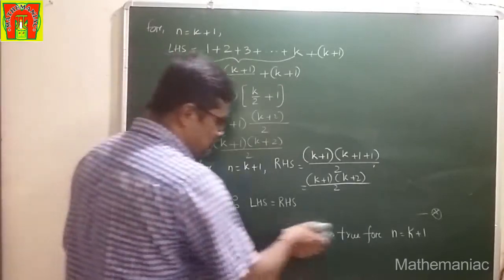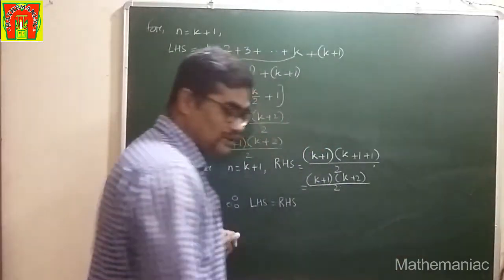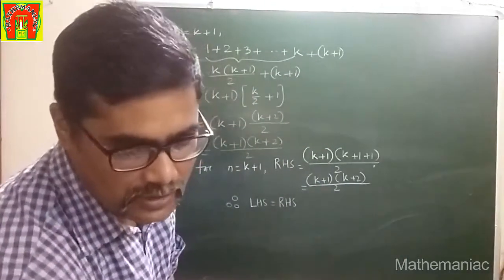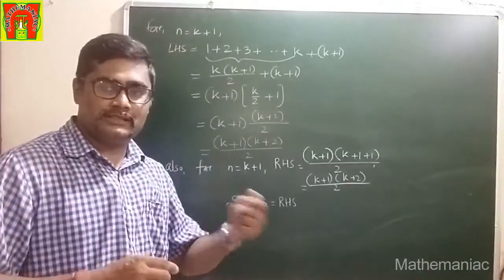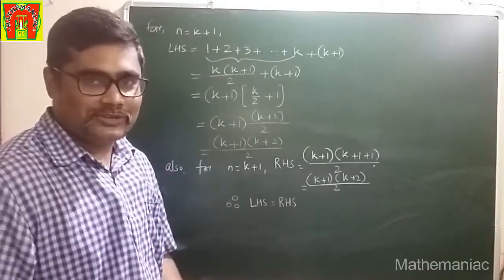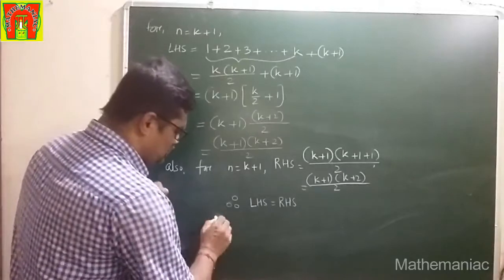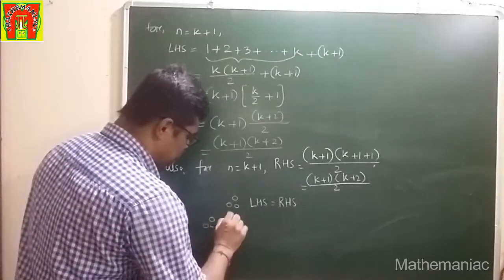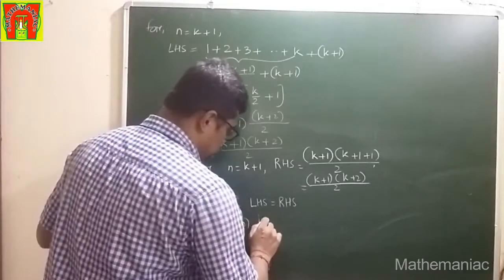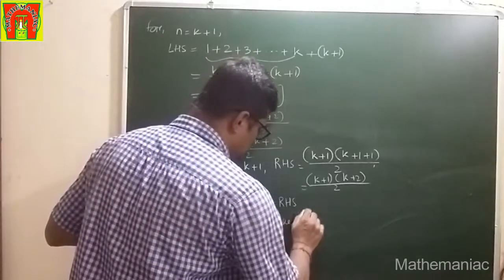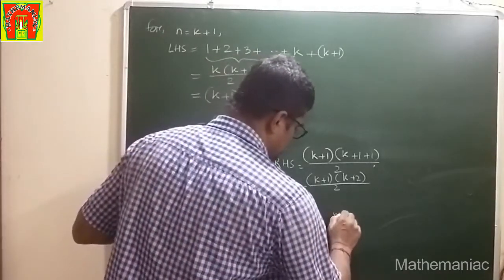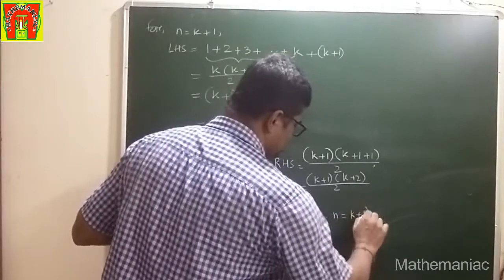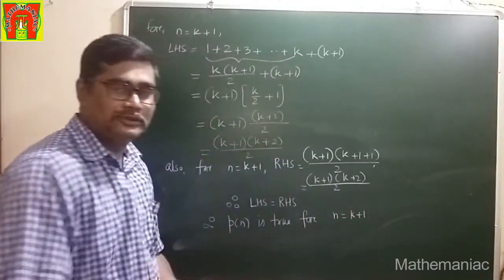So you now give the concluding step. Now you have to go for the concluding step. This is the first problem. So I'll be writing all the steps, but other problems I'll not write all the steps. So what you'll write now here, therefore Pn is true for n equal to k plus 1.